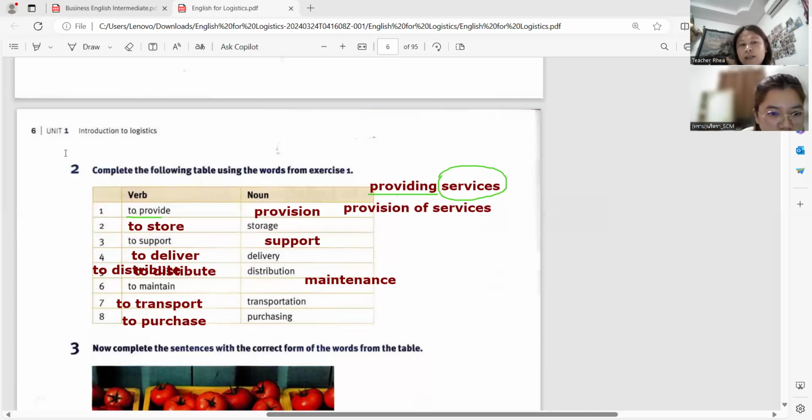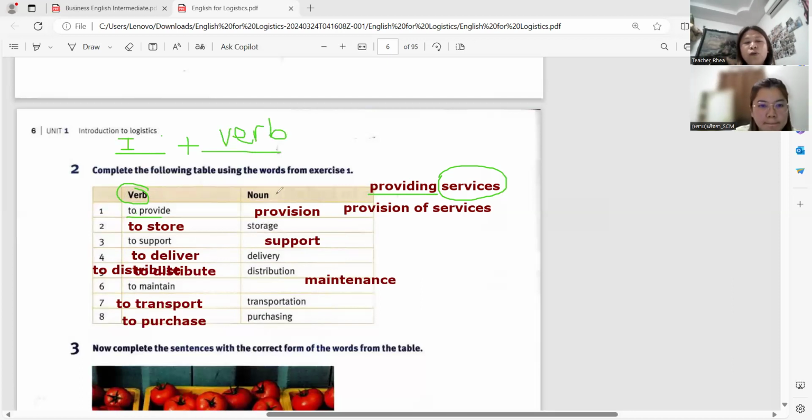If you want to use it as a verb, we have that here. So if you want to use the verb of the word, you have the subject, I, you, she, and then the verb comes.